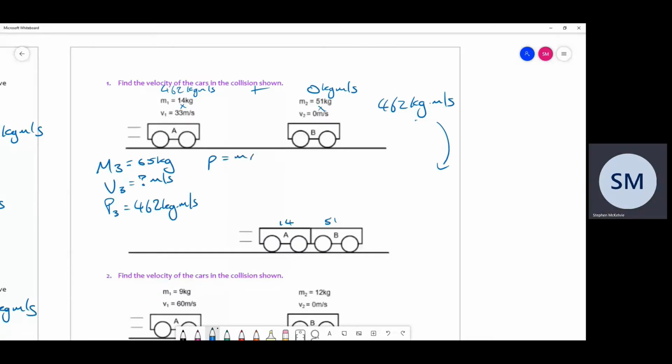My equation, momentum is equal to mass times velocity. Momentum divided by mass will equal velocity. So that will be 462 over 65, giving me an answer of 7.1 meters per second.